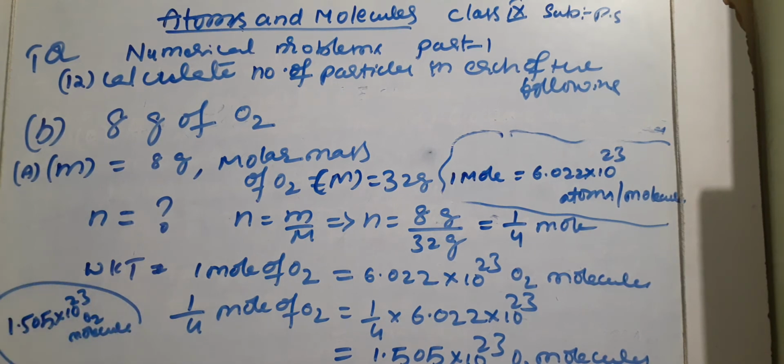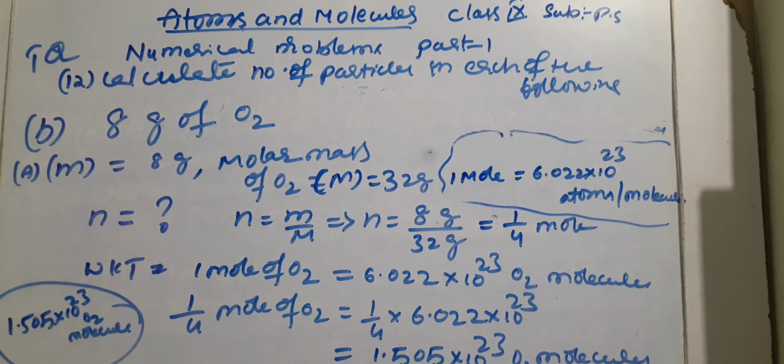This is written here at the side. When you divide that, you get 1.505 into 10 power 23 O2 molecules present in 8 grams of O2.